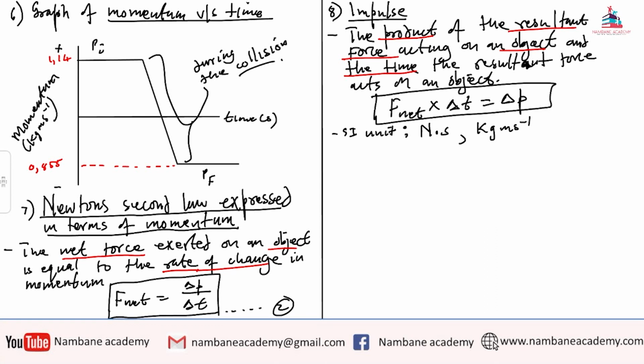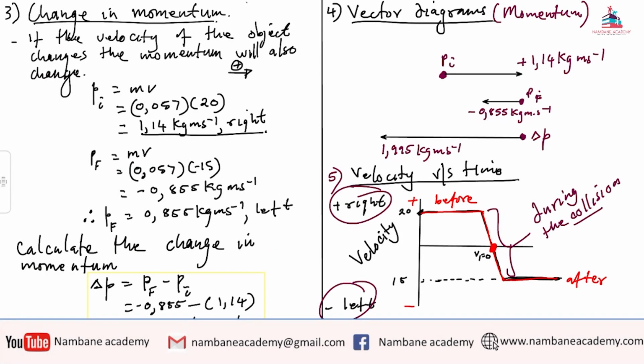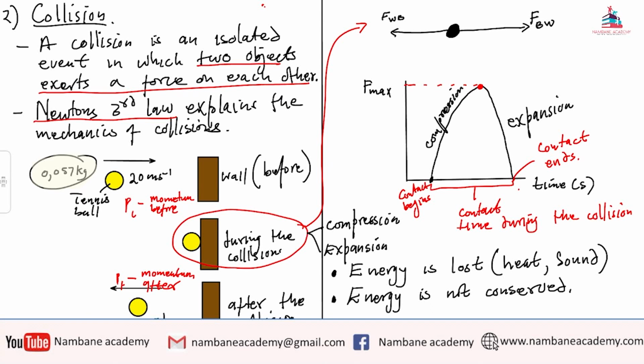So whatever you calculate, either you write kg meters per second, or you now write a Newton second. We will do examples of this, but in actual essence, this is the example itself.